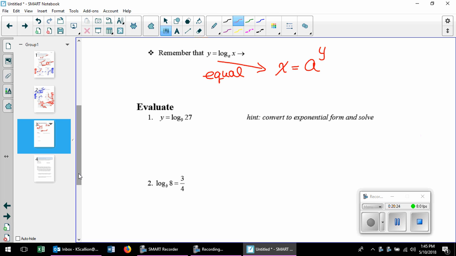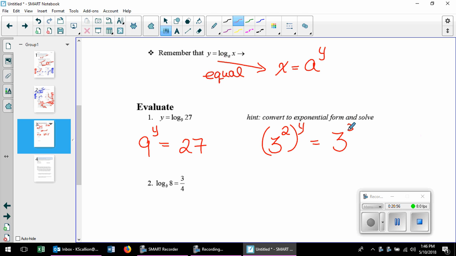Let's solve these in exponential form. So what am I going to do? Base 9 to the power of y equals 27. So this is your chapter 7 knowledge coming in. So what am I going to do? 3's. So 3 squared y equals 3 to the exponent 3.